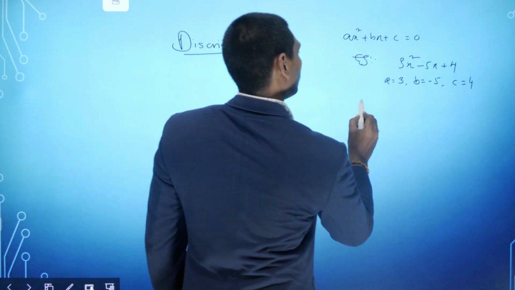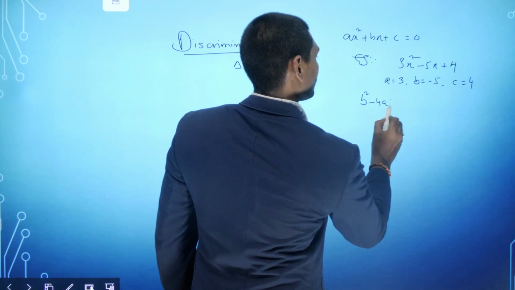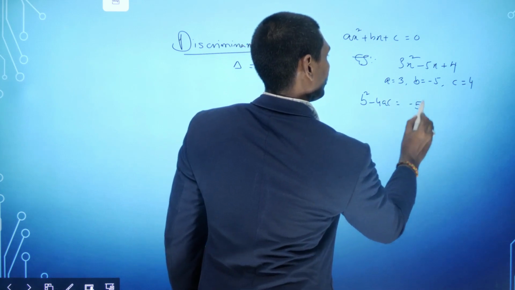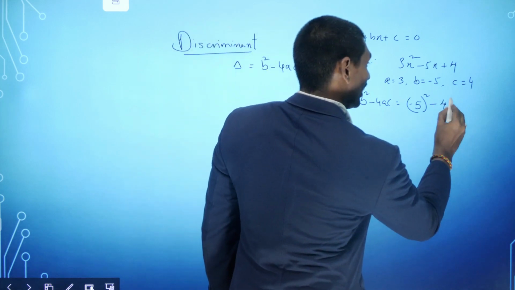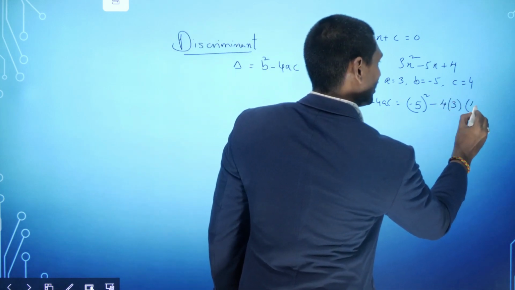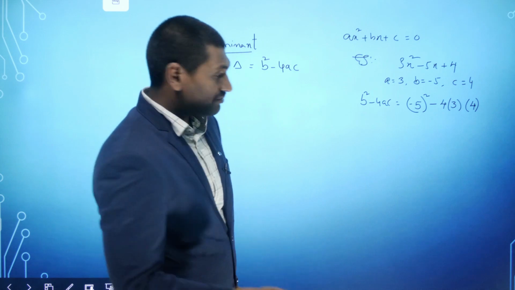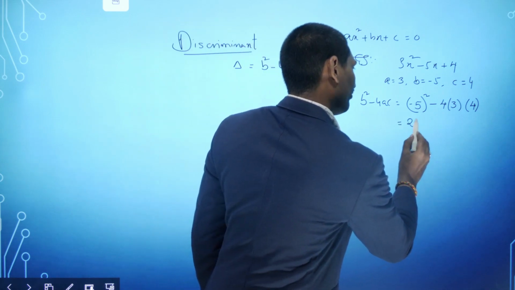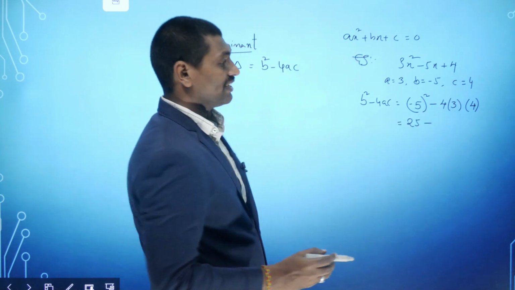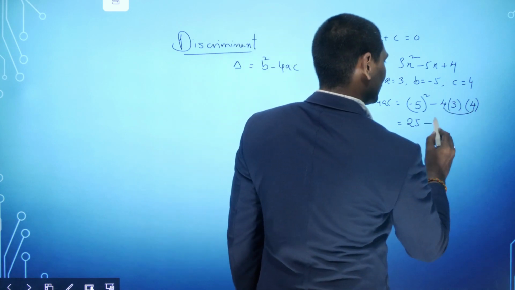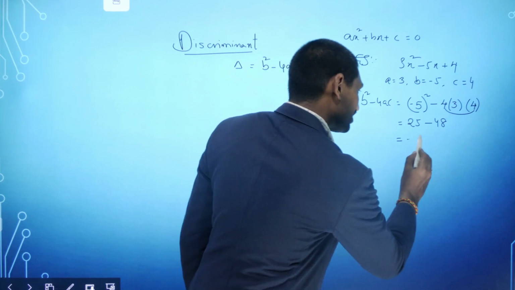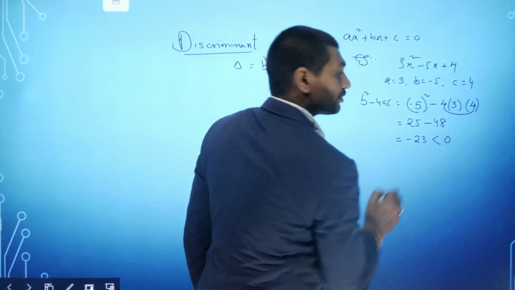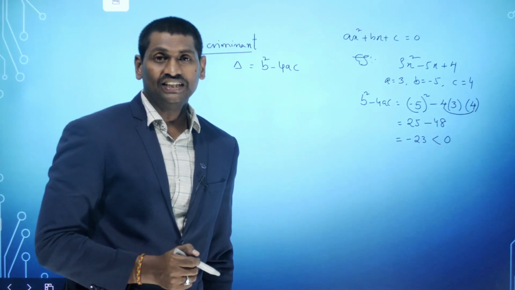Minus 5 whole square minus 4 into 3 into 4. Minus 5 square is 25, minus 4 into 4 is 16, 16 threes are 48. So 25 minus 48 is minus 23, which is less than 0.